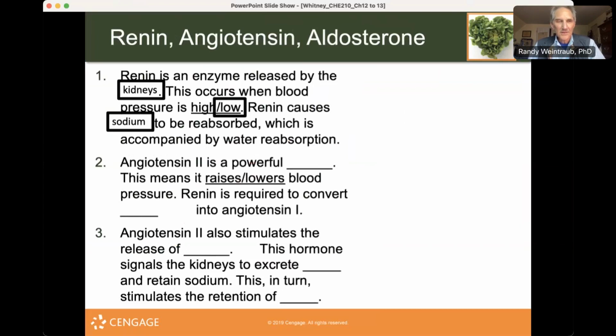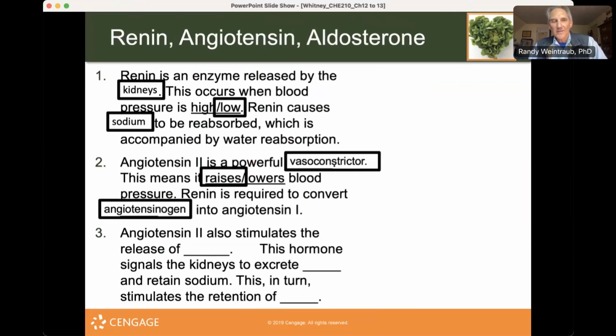Angiotensin 2 is also a powerful vasoconstrictor, constricting vessels, and this raises the blood pressure. This is in when the body is sensing low blood pressure, and is required to convert angiotensinogen to angiotensin 1.